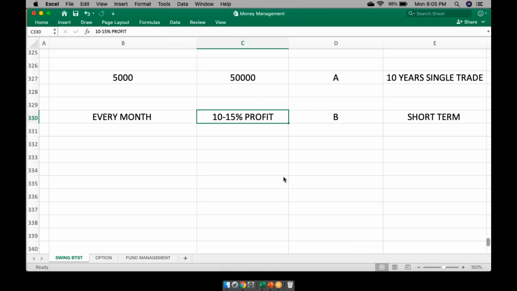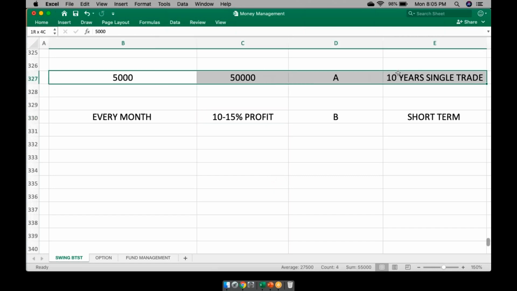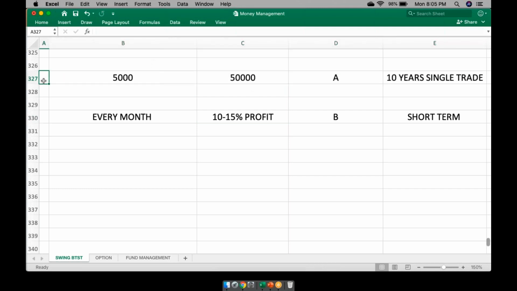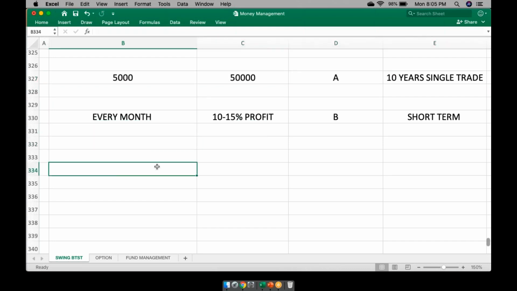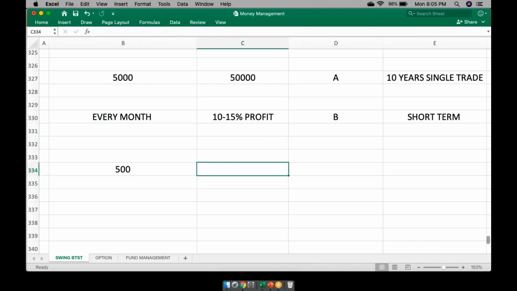Again, even if I tell you, say, sir, buy this stock, SBI Cards, it is going to go to 50,000 in 2030. It will 100% not go. That is very clear. Today that stock is, say, 500 rupees. I am telling you, hold for 10 years, it will go to 50,000. It will not go. That is very sure.